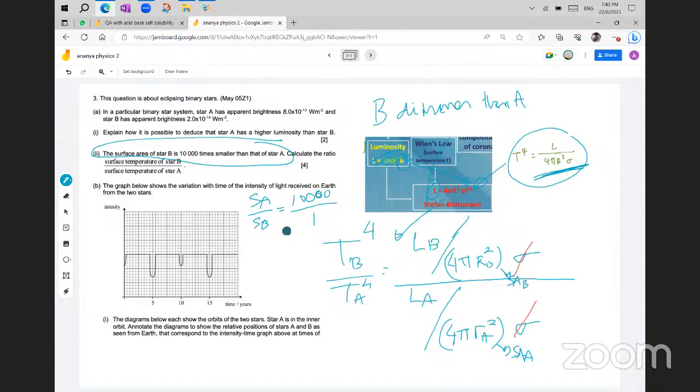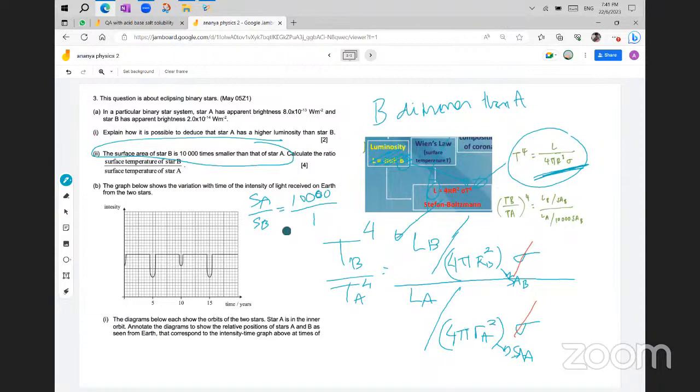Okay, I'll just rewrite it. Yeah, that makes sense.